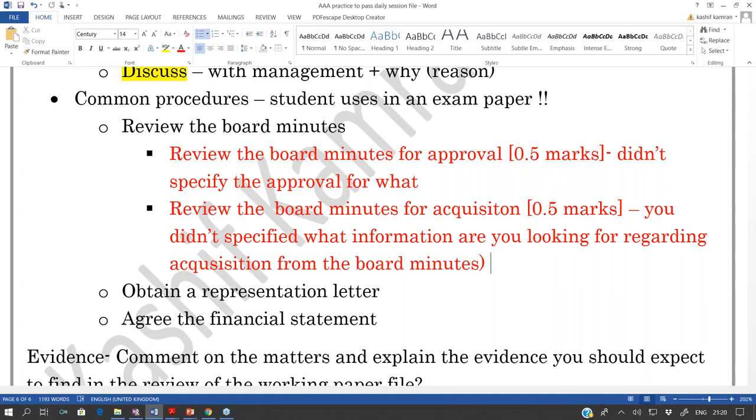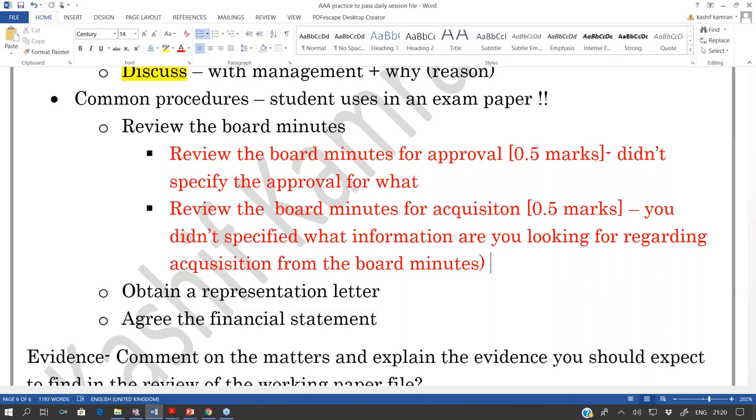And how many times do we do that in the exam paper, where we are so confident of getting 1 mark. But with procedure number 1 and procedure number 2 in the example, we're not getting 1 mark. So please ask yourself, am I missing something when I'm writing a procedure?